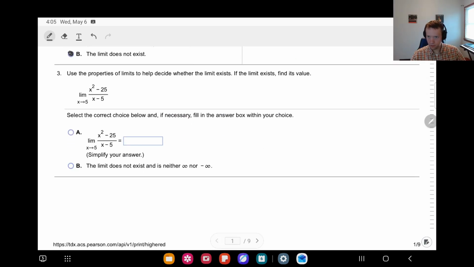So now we're going to solve limits without a graph, but using our algebraic techniques. Notice that if you try to plug in x equals 5, you're going to run into problems. You'll get 0 over 0. And that tells you nothing. So instead, what you want to do is factor whatever polynomials you can. So x squared minus 25 can be factored as x minus 5 times x plus 5.